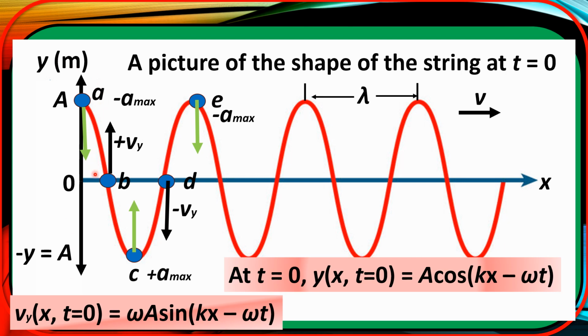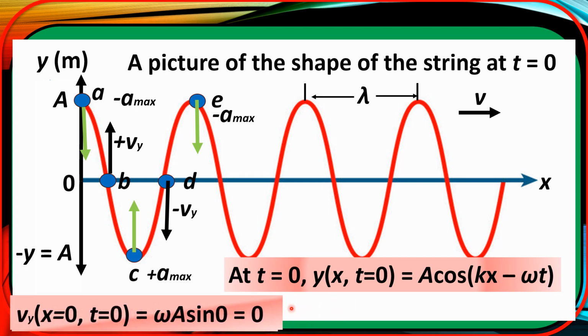So if x is equal to 0, what is the instantaneous velocity of that particle at time equals 0? Using this formula, we just substitute x equals 0 and time equals 0. The phase angle inside the parentheses will be equal to 0 radian, and the sine of 0 is equal to 0.